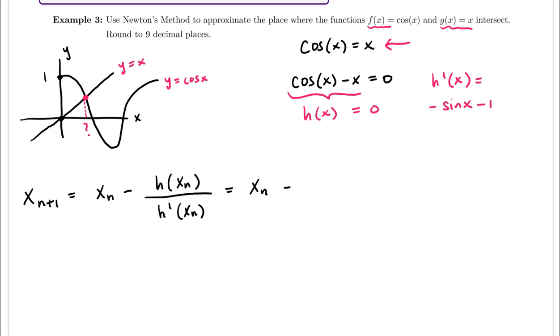I think it might be easier if I factor out a negative 1 here. That's going to give me sine of x plus 1. And so this negative and this negative will change into a plus.